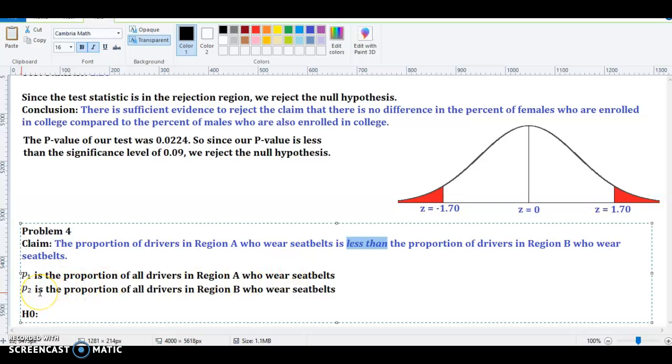Likewise, P2 is the proportion of all drivers in region B who also wear seatbelts. Remember, the values of P1 and P2 are unknown because we do not have data on all the drivers from both regions. But we have a sample of drivers, a sample of 1,000 drivers from each of the regions.